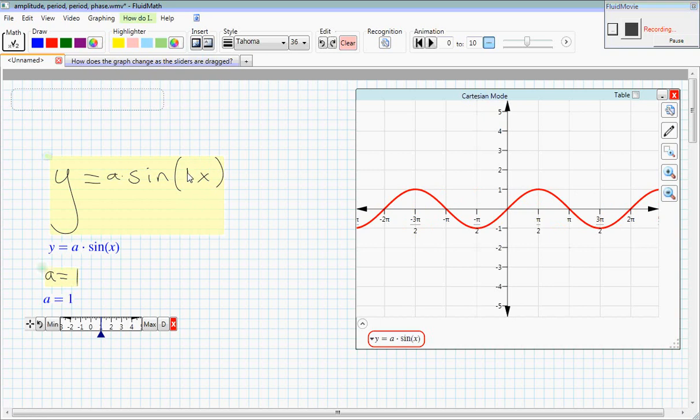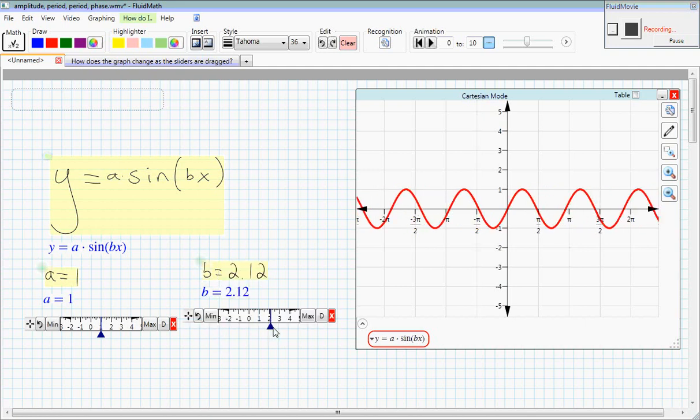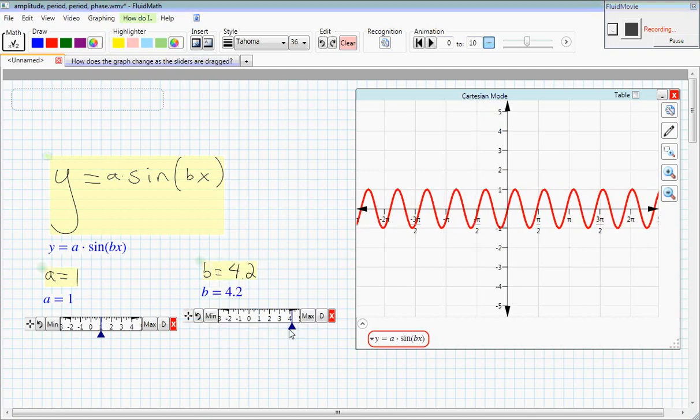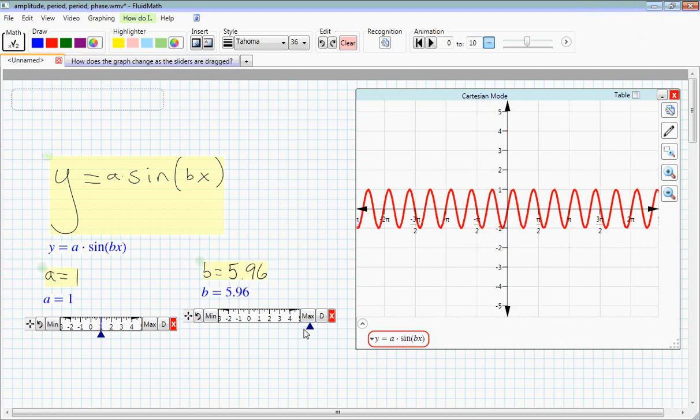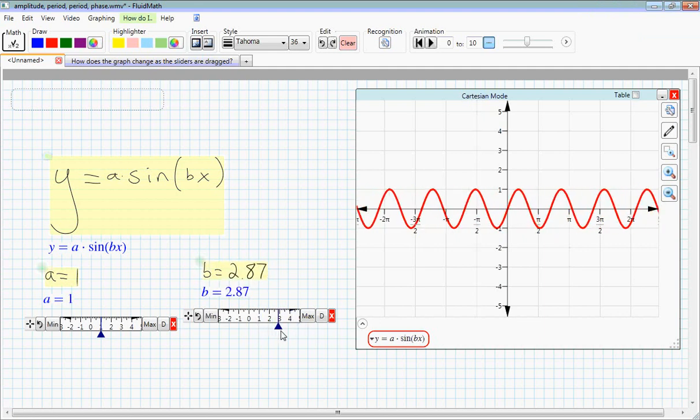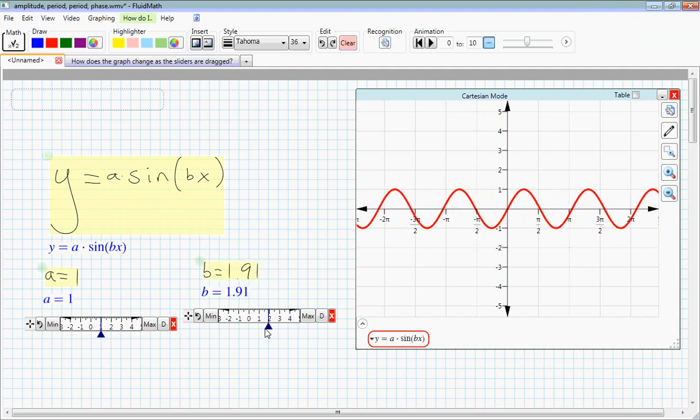So let's do the same thing again. We'll replace that with a variable, or parameter. We'll assign it initially a value of 1. And then let's just drag this. So as the value of b goes up and down, we see something we saw in the beginning again, that the graph stretches horizontally.